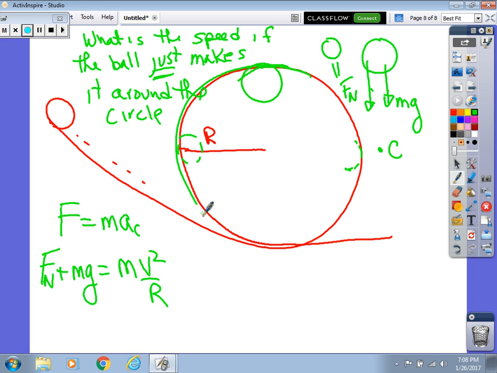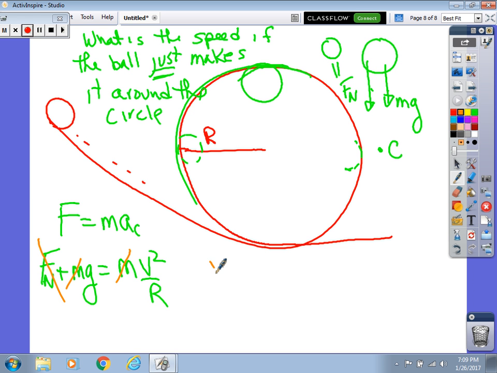So if they say it just makes it over, they're saying that the normal force is equal to 0, which means this becomes real easy. That term dies, and you're left with only two terms. The other cool thing is, like our previous example, it doesn't really matter what the masses are. If it's a big cart, or a big ball sliding around, or a bobsled, or a roller coaster making a loop, the size of it doesn't matter.